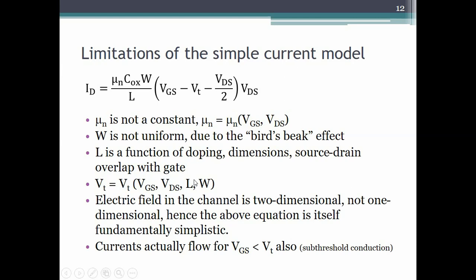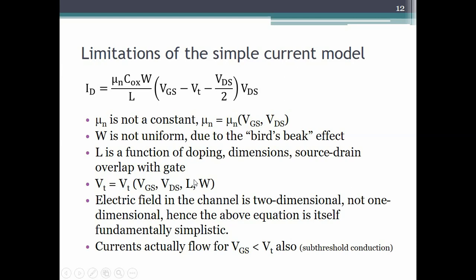And why do we need a good model? Because we use good models to describe the current voltage characteristic of transistors in designing circuits. This course is about designing circuits. And when we are designing circuits, we need to know how the current varies with the voltages. If we don't know how the current varies, there is no way we can design a circuit with that transistor.